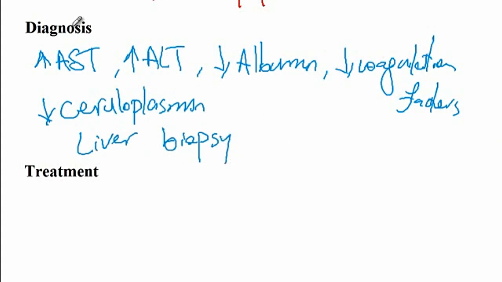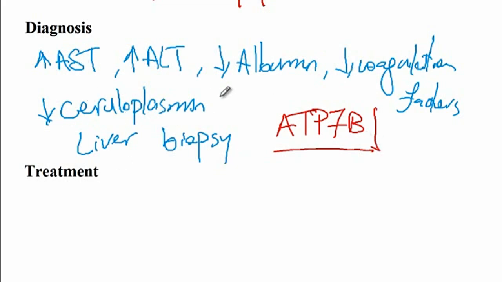And so these features can help you to diagnose Wilson's disease, and then genetically, by checking for mutations in the ATP7B gene, you can diagnose Wilson's disease. But since the clinical features are usually sufficient to diagnose Wilson's disease, therefore the testing for the ATP7B is usually used for diagnosing Wilson's disease in the siblings.